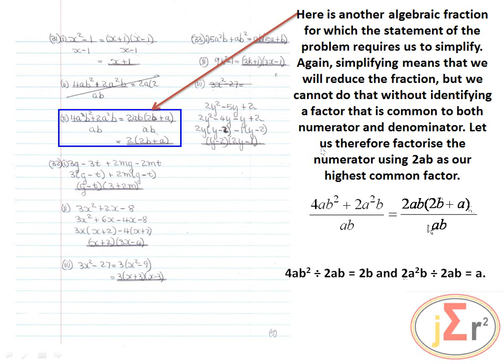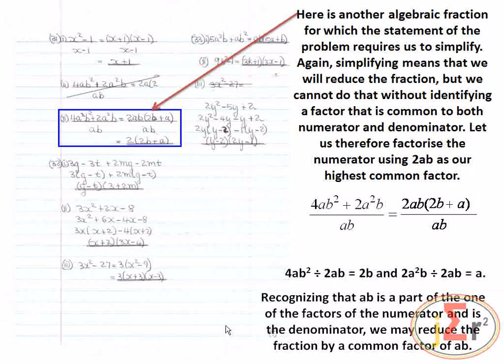And of course, we can see the common ab there. Why can we do that? Because 2ab is a factor of the entire numerator. That is why we may go straight ahead and reduce by ab.